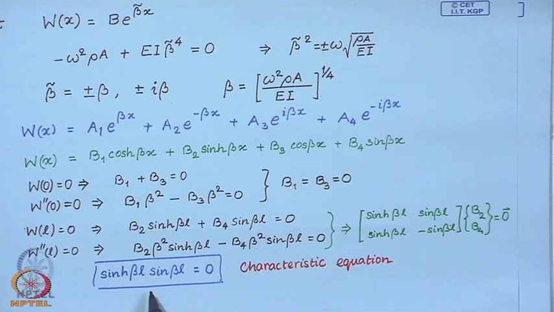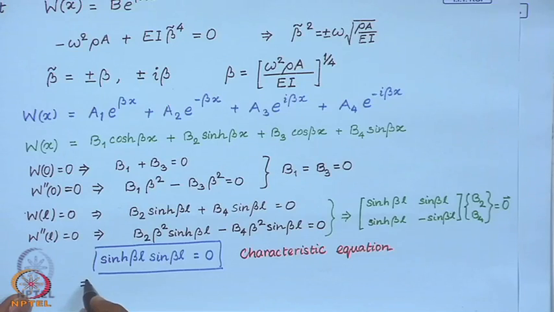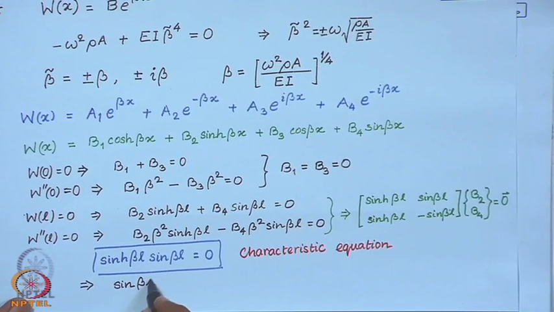So, for this to be 0, we must have sin beta L must be 0.